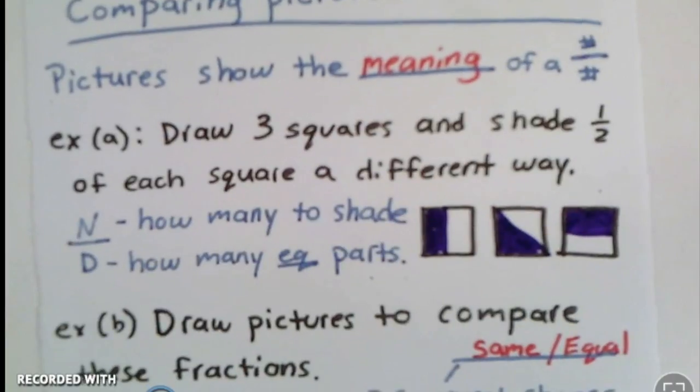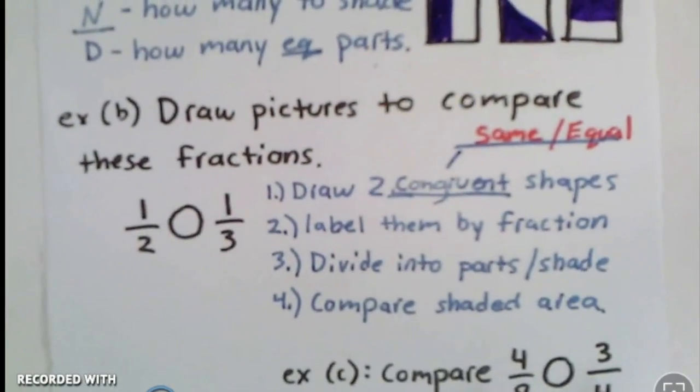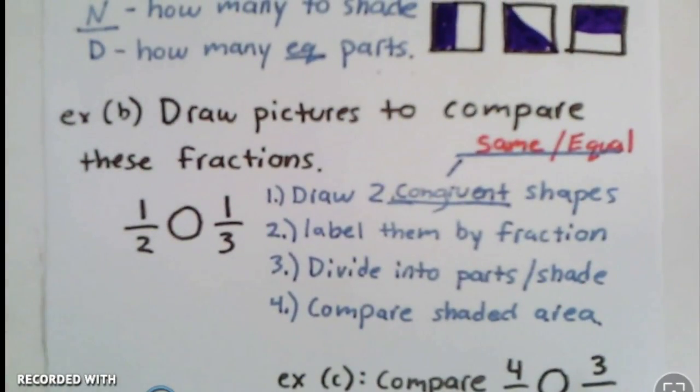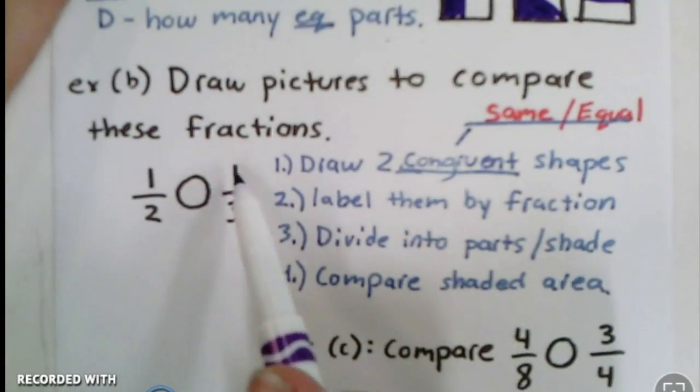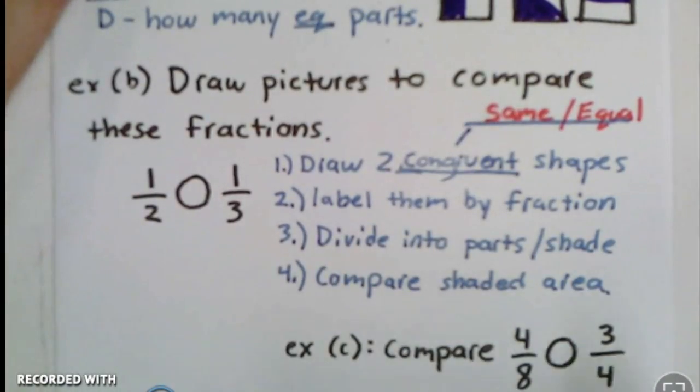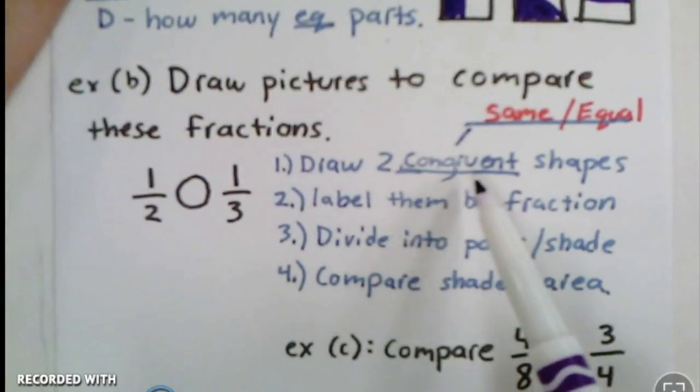Another type of example might have you use pictures to compare fractions. So I'm going to have to draw 2 different pictures because I'm going to be comparing 2 different fractions. And here's my steps to do this. So I'm comparing 1/2 to 1/3. The first step is to draw 2 congruent shapes.